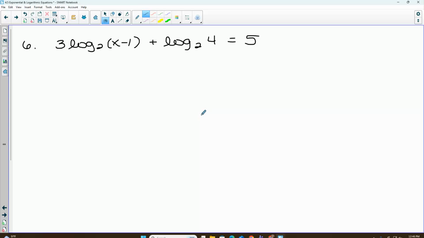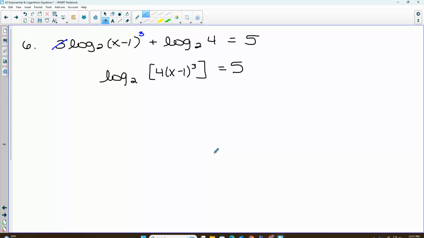Did anybody do their homework last night? Where do we start? We condense. So I would take this 3 and it would turn into a third power. If those logs are added, how do you put them together? Multiply. So I have 4 times the x minus 1 cubed equals 5.